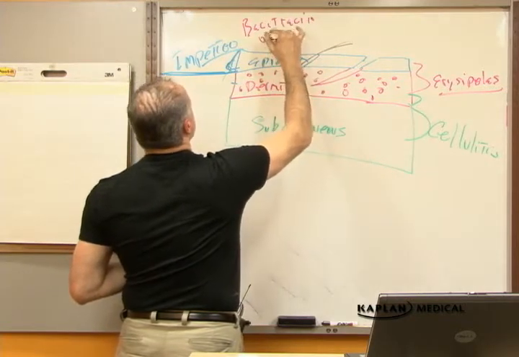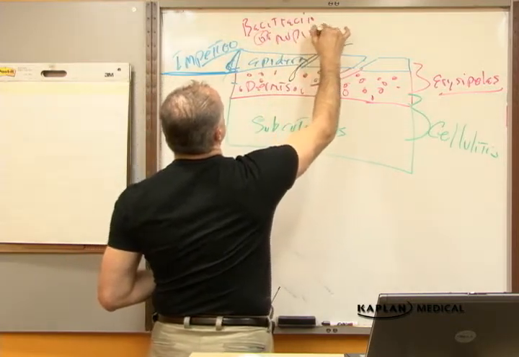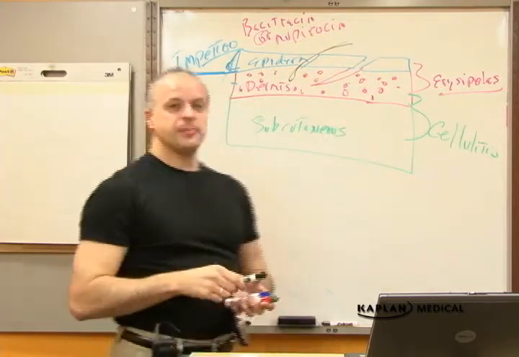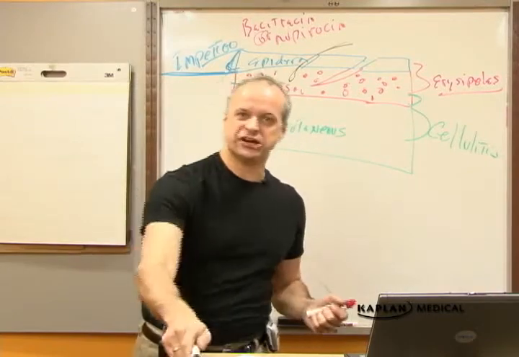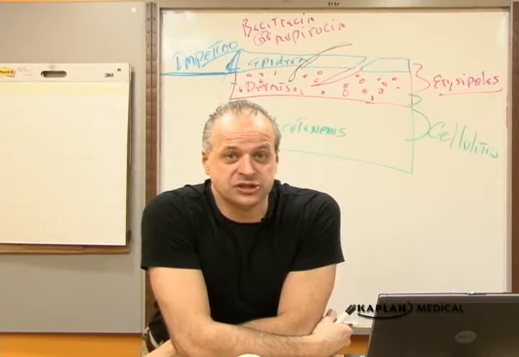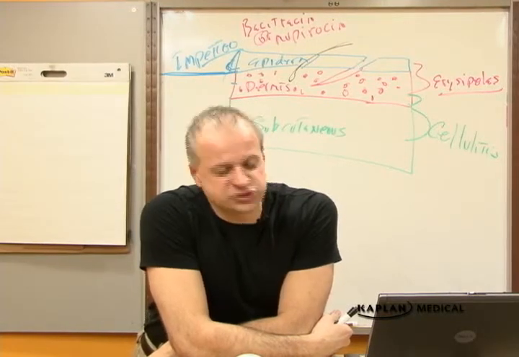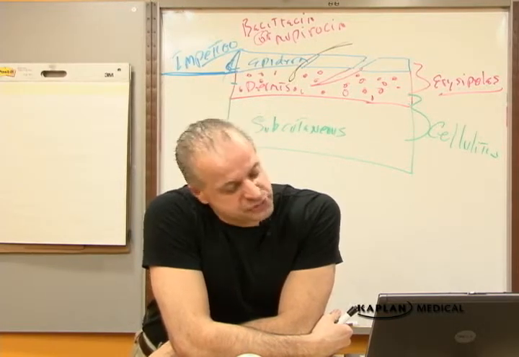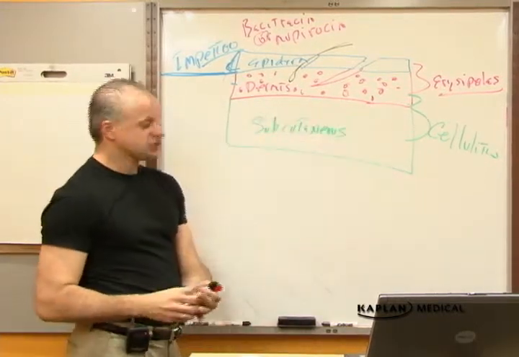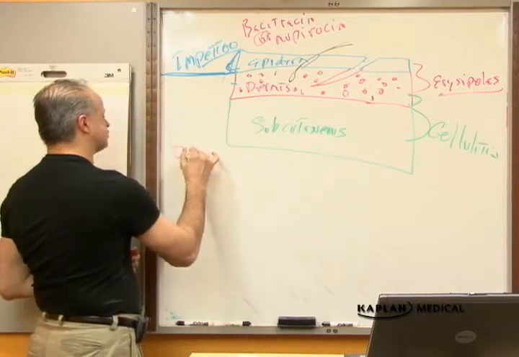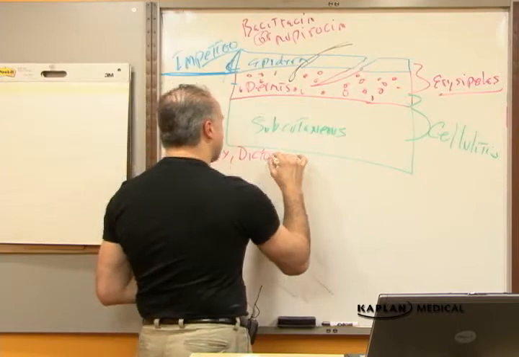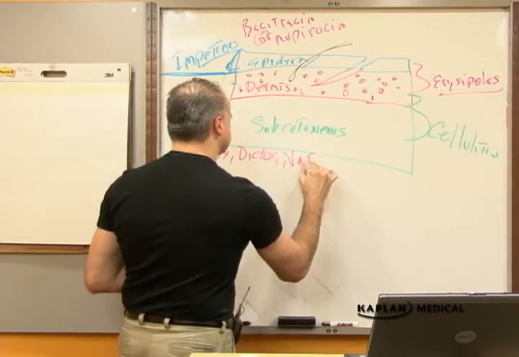Bacitracin or mupirocin, also known as Bactroban. Weepy, crusty, oozy, and drainy, use a topical antibiotic.